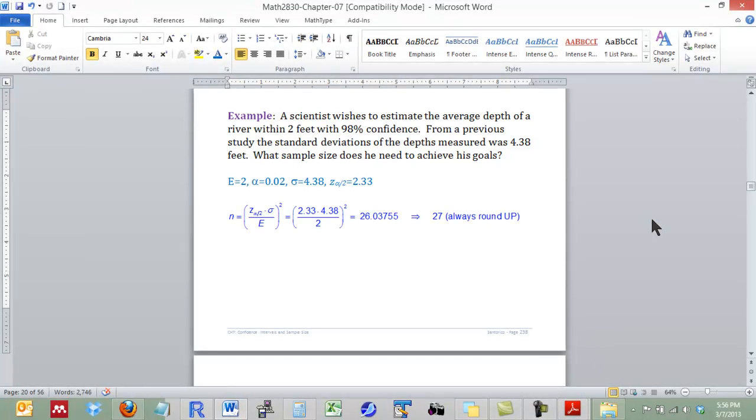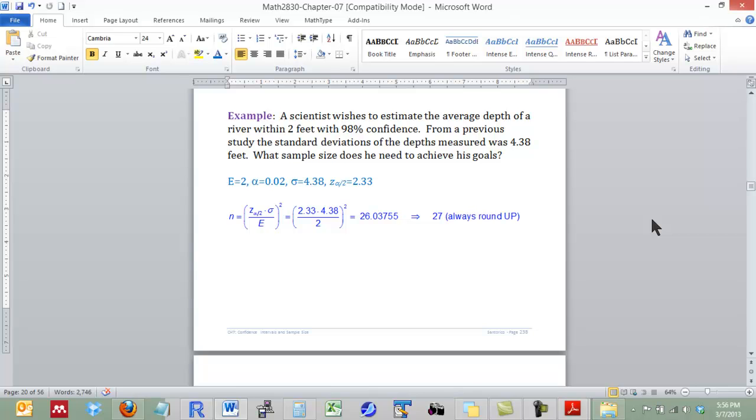All right, so reading through this, you should have gotten that the maximum error they were interested in is 2 feet. Your confidence is 98%, so your alpha is going to be 1 minus that, so 0.02. Standard deviation was assumed to be 4.38.